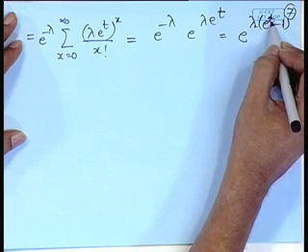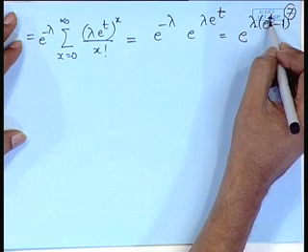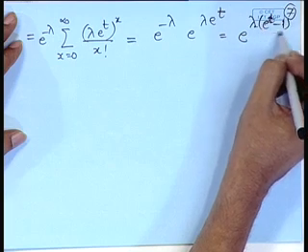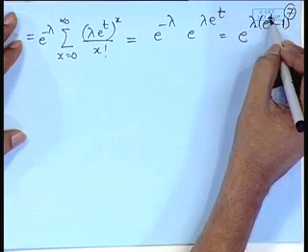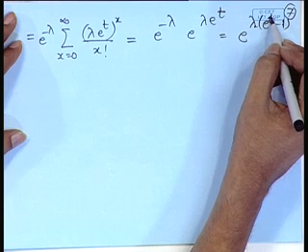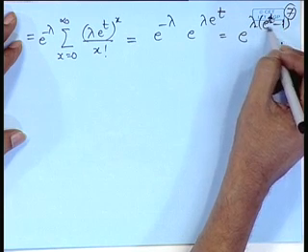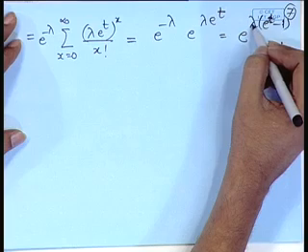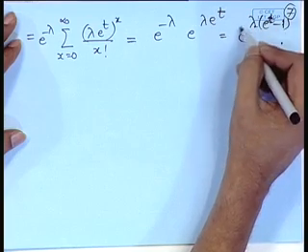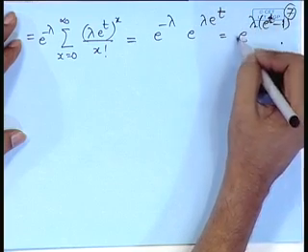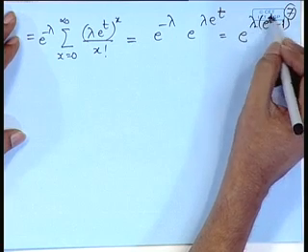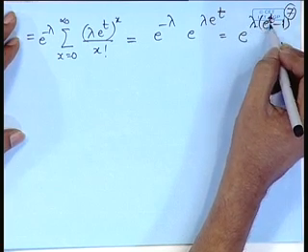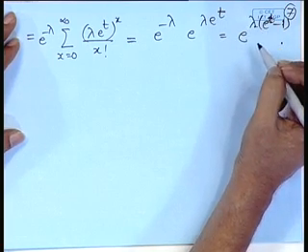If t is positive, then e to the power t is greater than 1, therefore, this will be positive, and therefore, this term is greater than 1. If I am considering t to be negative, then e to the power t will be less than 1, therefore, the exponent will become negative, and since lambda is positive, this term will become less than 1, actually it will be between 0 and 1. So, this is the way the moment generating function of the Poisson distribution behaves.